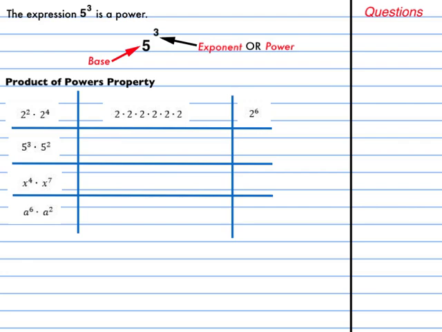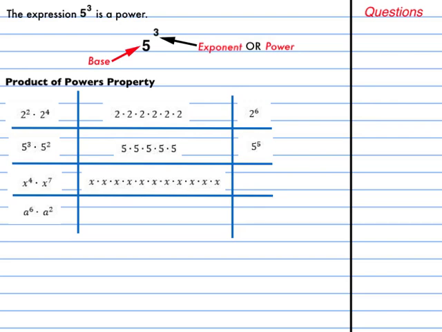Once again, we'll see the same lineup with 5 to the 3rd and 5 to the 2nd power. We break it down into 3 5s being multiplied and 2 5s being multiplied. And that gives me a total of 5 5s being multiplied by each other, so I can simplify this. Once again, we have our x's doing the same thing.